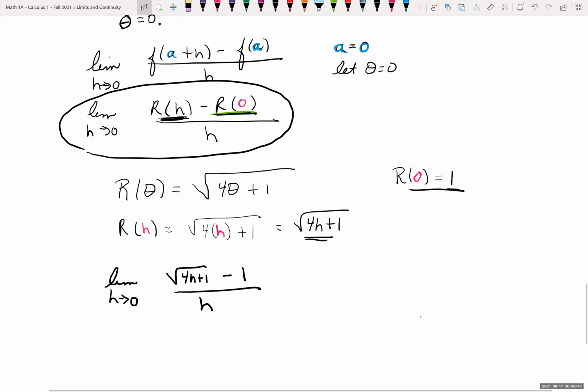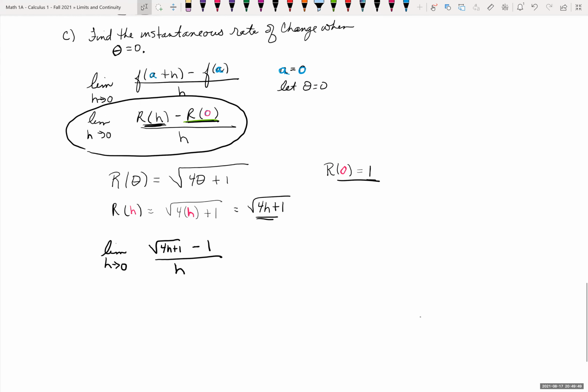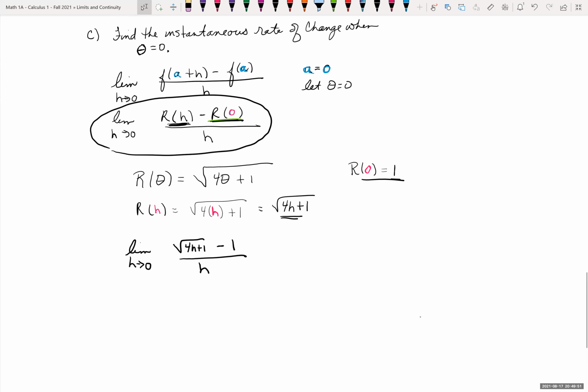Sorry. So I need to find the instantaneous rate of change here. I'm actually going to have a problem if I do direct substitution, and we'll talk about this later when we look at how to find limits of an algebraic expression. We get 0 over 0. It's an indeterminate form and it doesn't tell us anything.